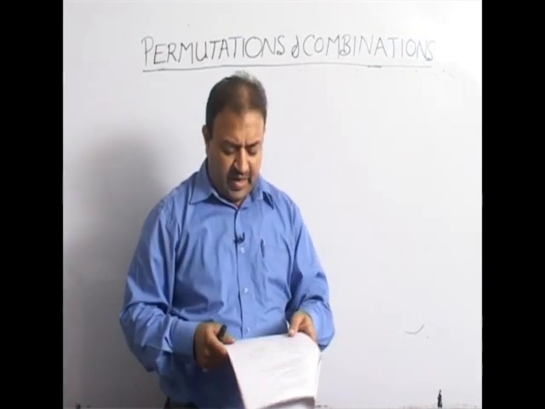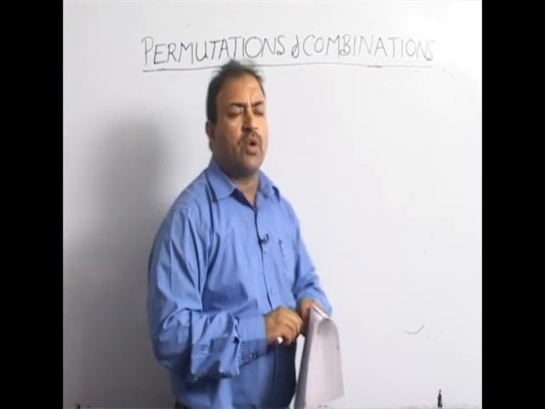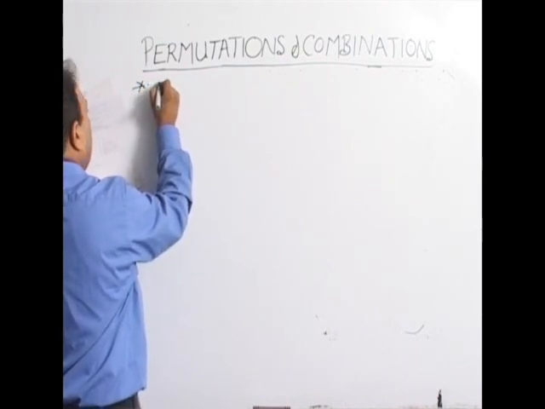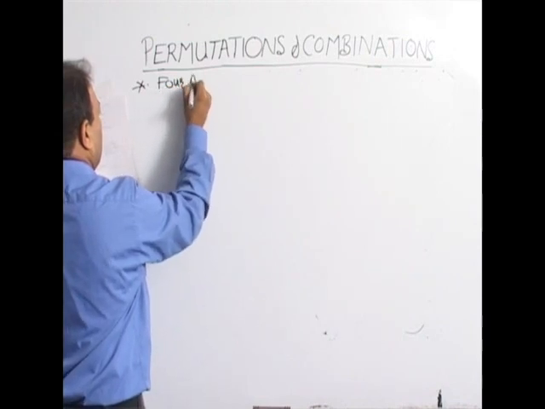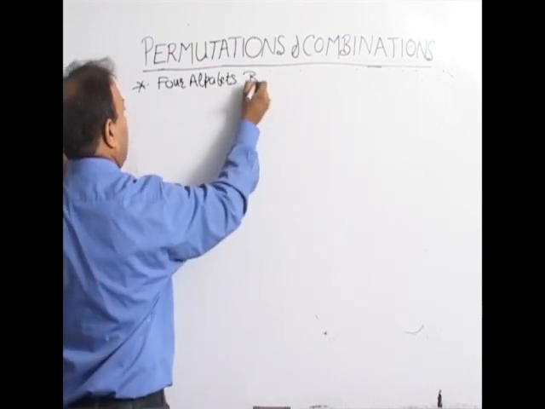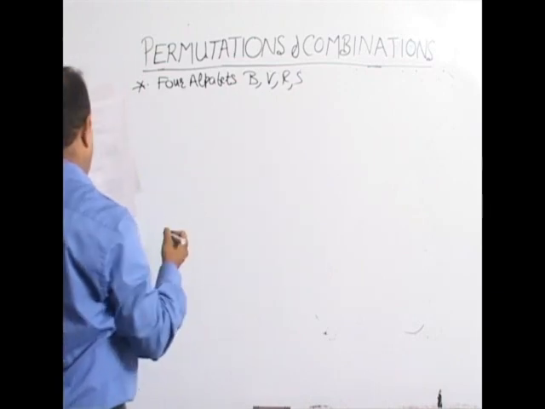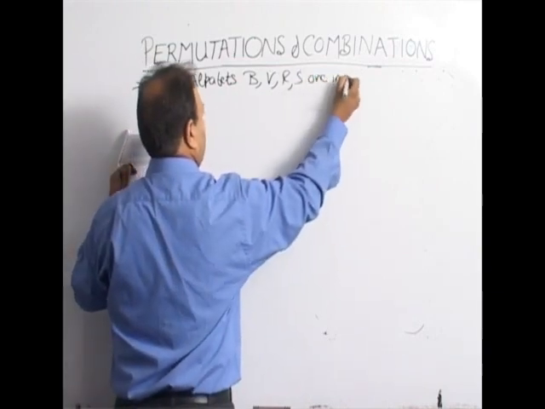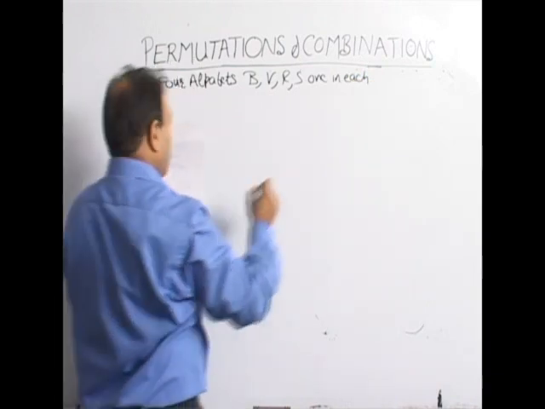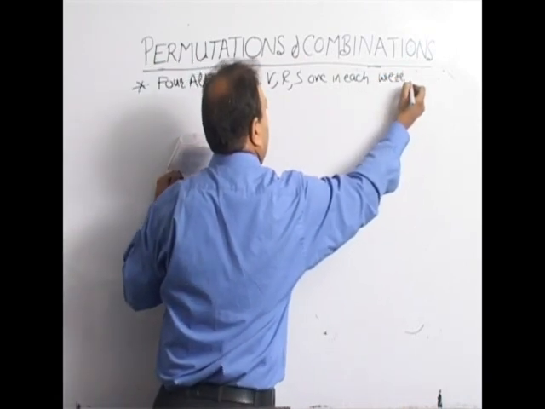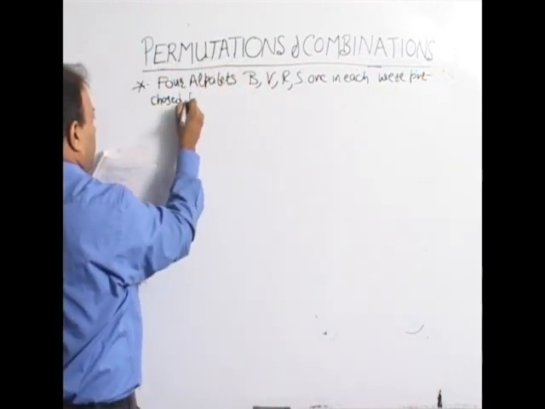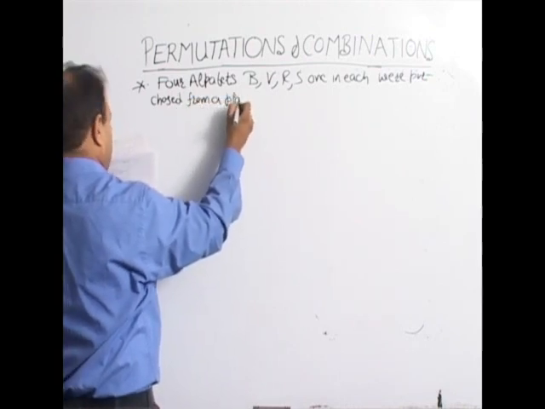The next problem we are taking, again based on permutation, is: 4 alphabets B, V, R, S, one in each, were purchased from a plastic warehouse.